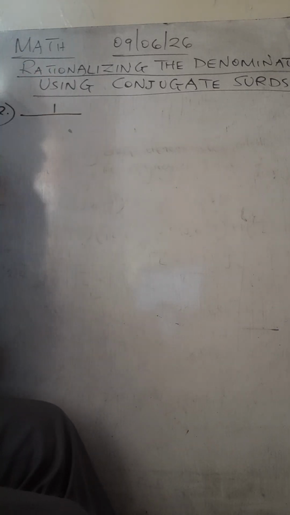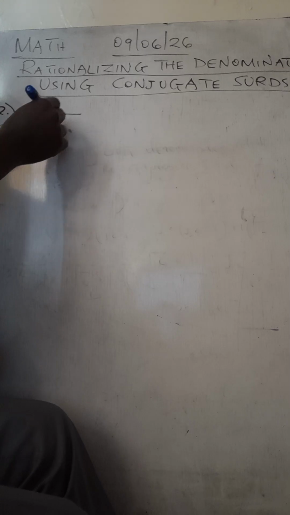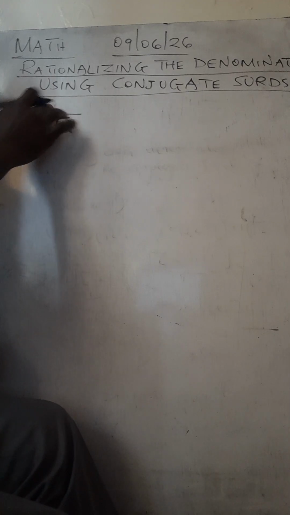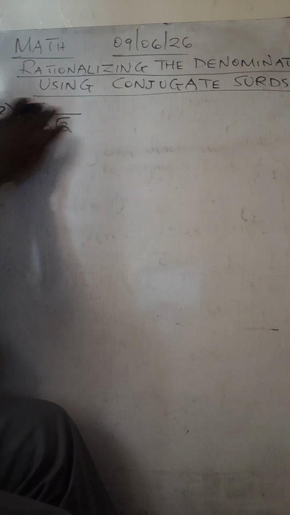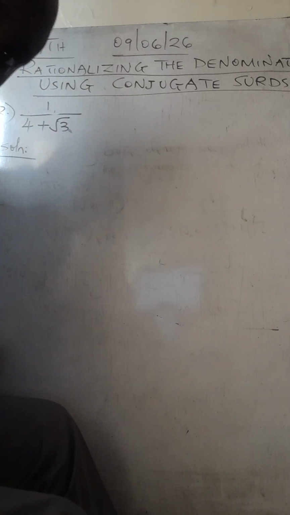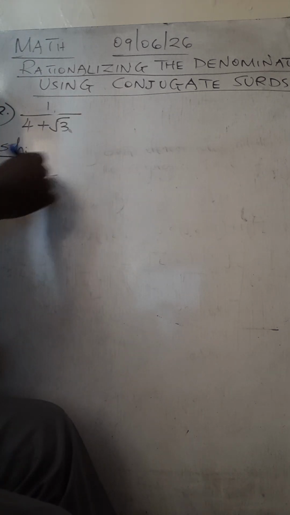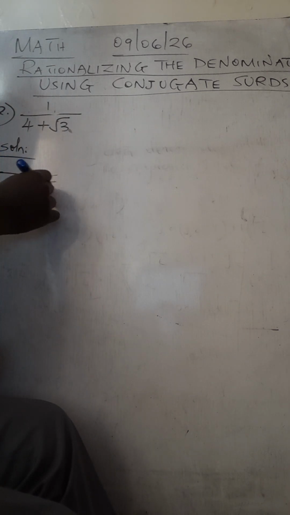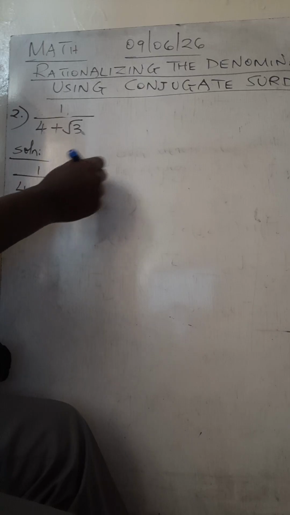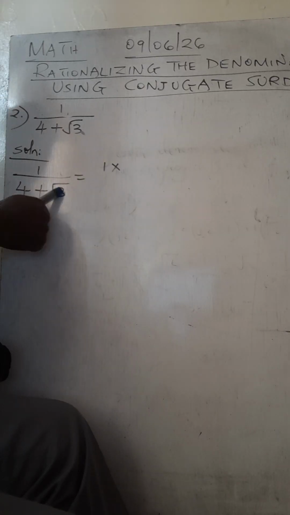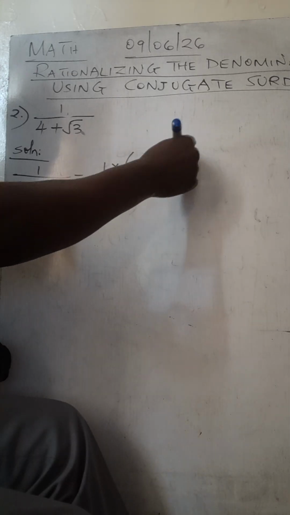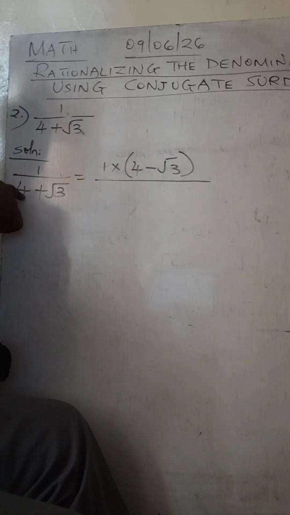We have this 1 over 4 plus root of 3. So 1 over 4 plus root of 3 is the same as 1 times the conjugate surd of this, which is 4 minus root 3, over 4 plus root of 3 times its conjugate surd, 4 minus root 3.